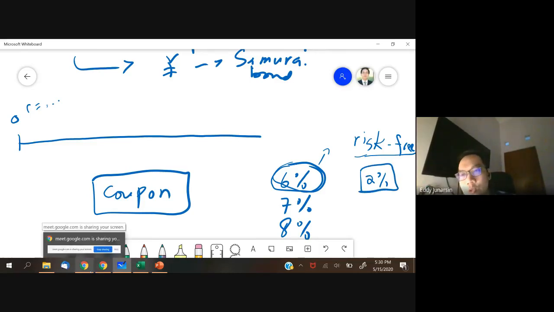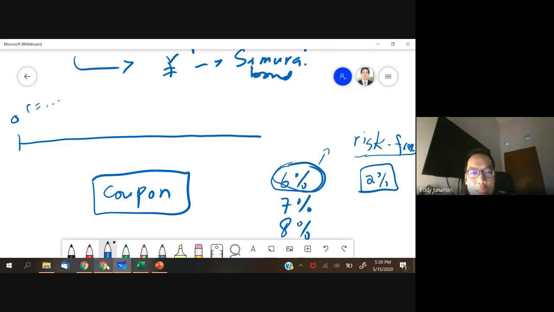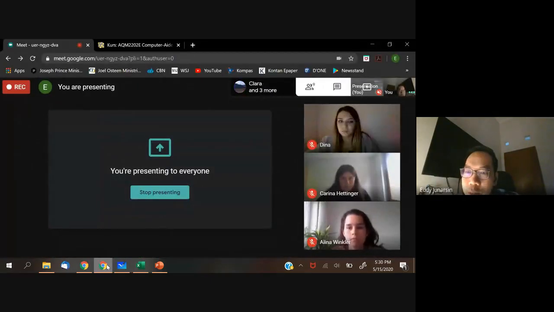Then when you want to borrow money as a company from the bondholders, how much should you give? More than 2% or lower than 2%?